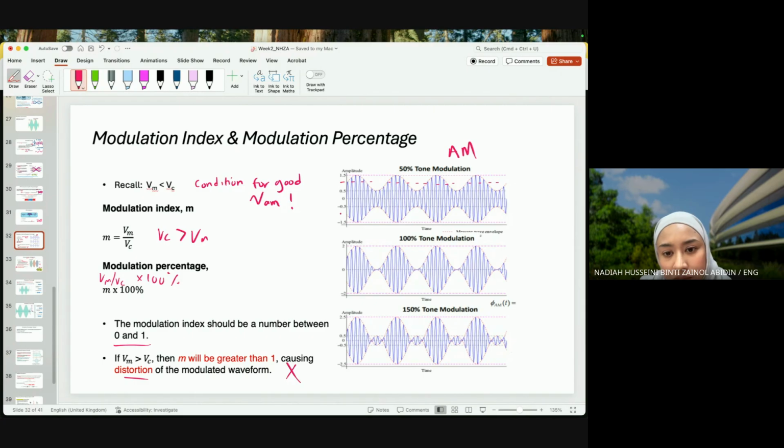What 50% means is 50% of the VC. How do I explain this? If you can see over here and this value, they are equal. This is with respect to 0.